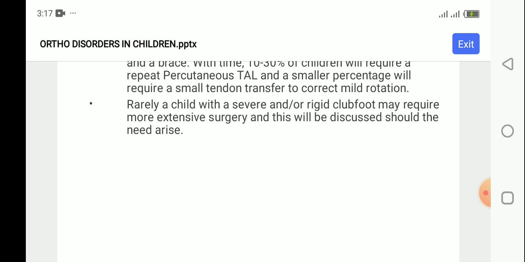And usually after this casting and dressing, it can be repeated by the percutaneous tenotomy, and a smaller percentage will require a small tendon transfer to correct a mild rotation. And a child with a severe or rigid club foot may require more extensive surgery, and this will be discussed soon.